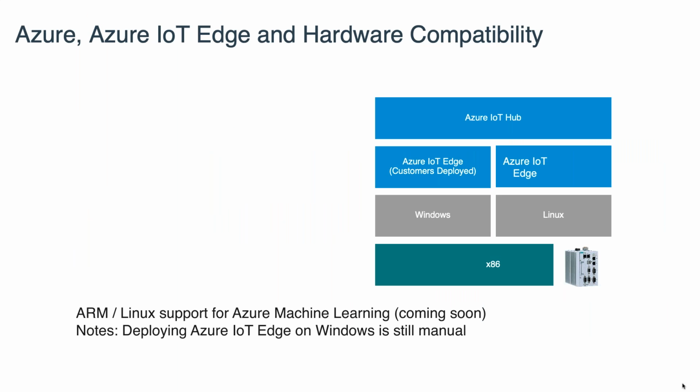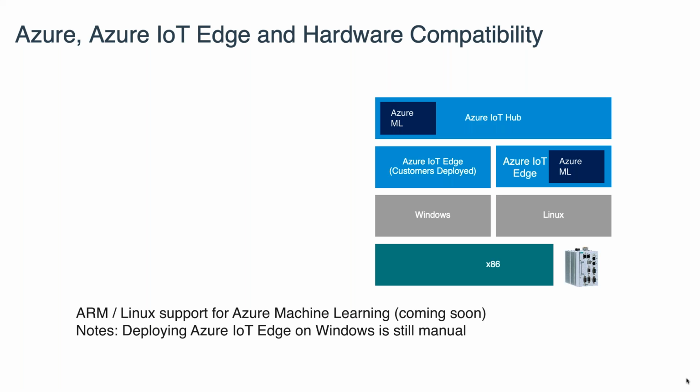In terms of support, from the Azure Machine Learning perspective, we enable you to create these Docker containers and deploy them onto Linux devices running x86, x64 CPUs. Azure IoT Edge also supports Windows, so you could create your own specific models to deploy them onto Windows devices.